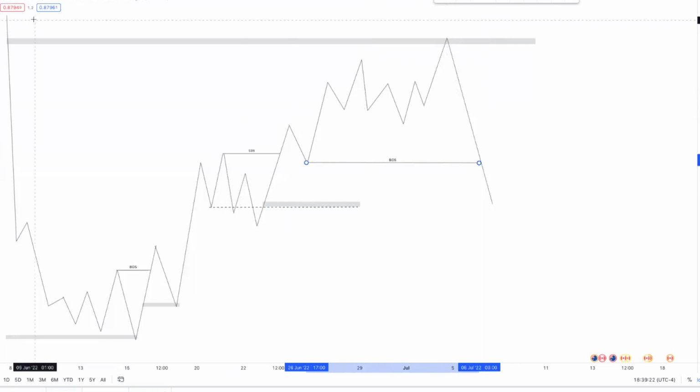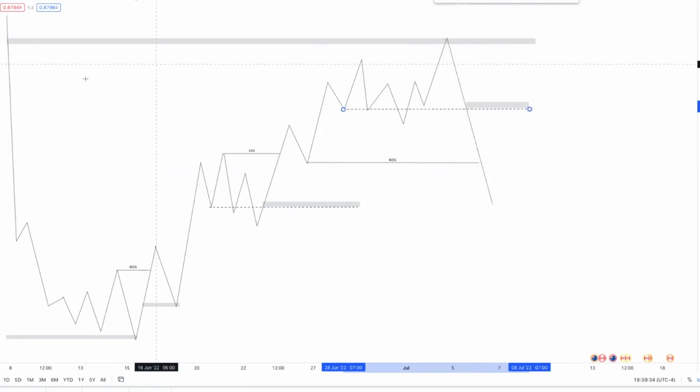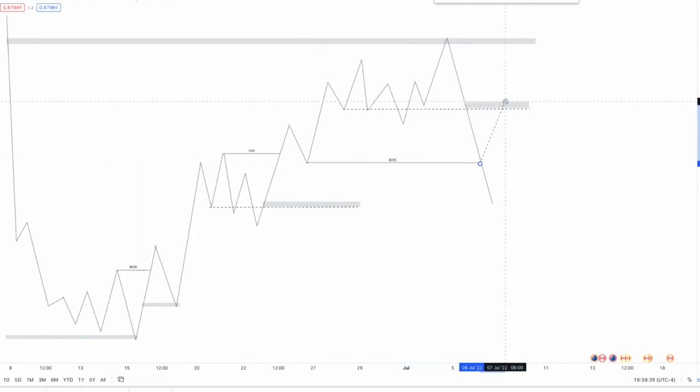Boss, POI, let's give this trading range alignment. And the entry, does that make sense?